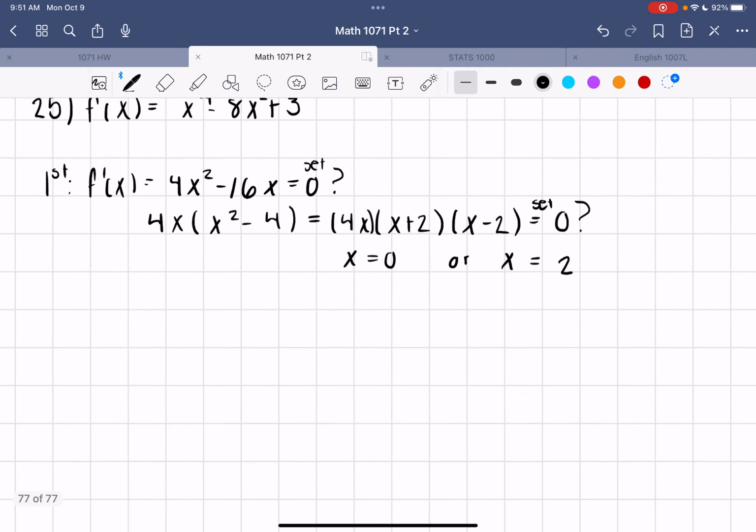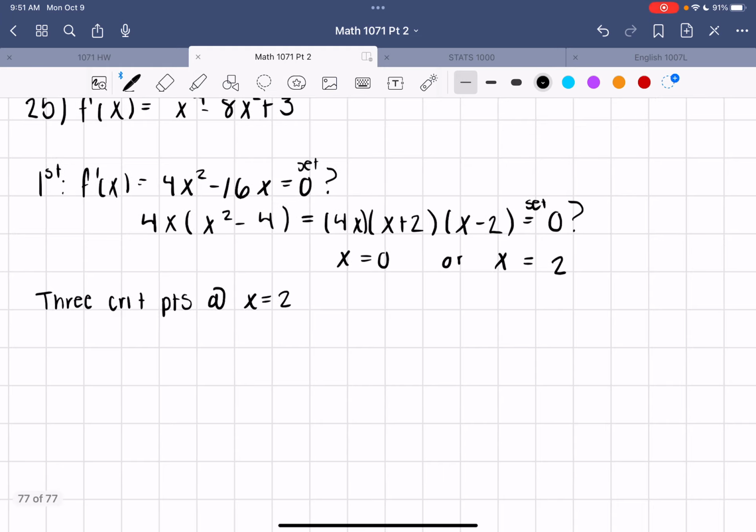So negative 16 add 3 is negative 13. When x is 0, y is 0 minus 0 plus 3. And here for 2, notice I've already done the work, because when I put in negative 2, these powers were even. So it's still 16 minus 32 plus 3, negative 13.